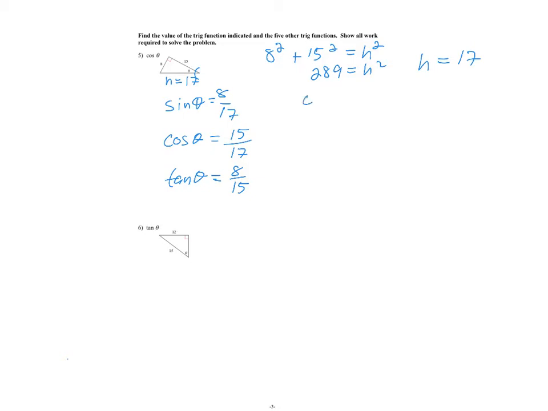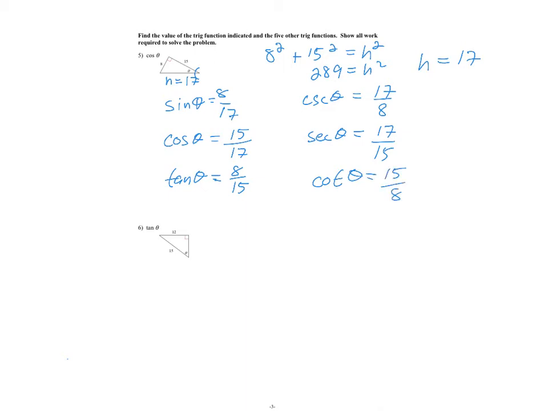Reciprocal of sine is a cosecant, so that's going to flip this, 17/8. Reciprocal of cosine is the secant, so that's going to be 17/15. Reciprocal of tangent is a cotangent, which will give us 15/8.